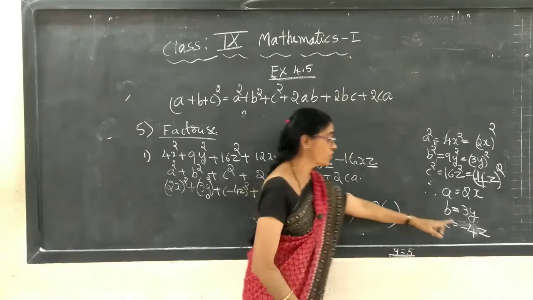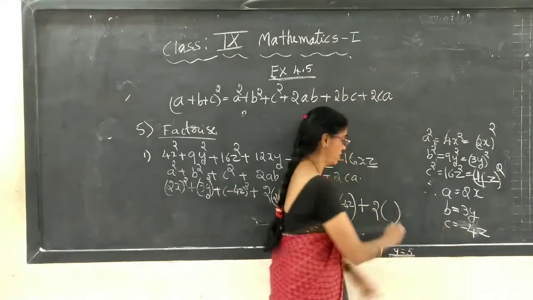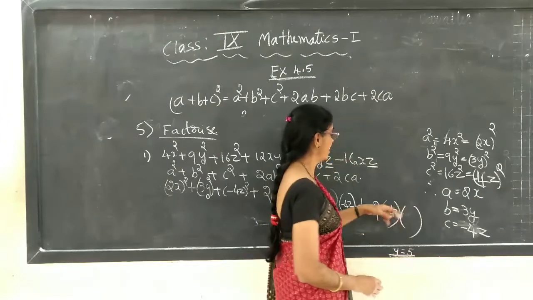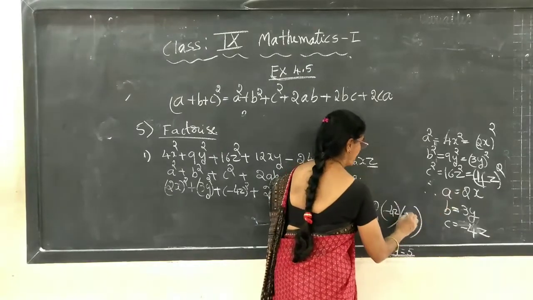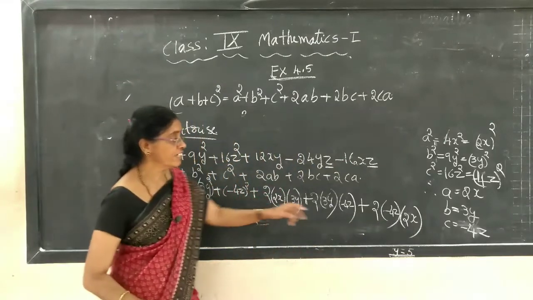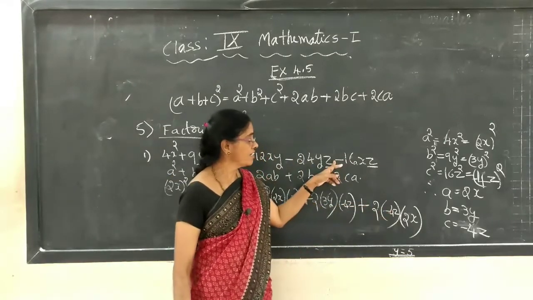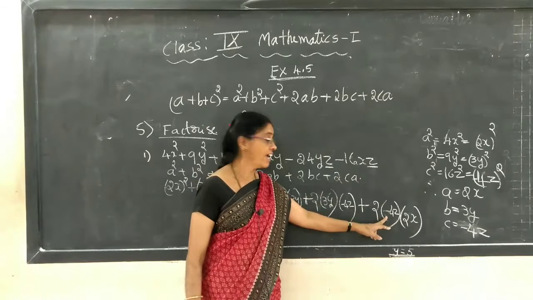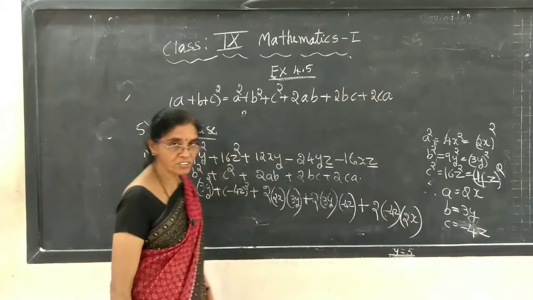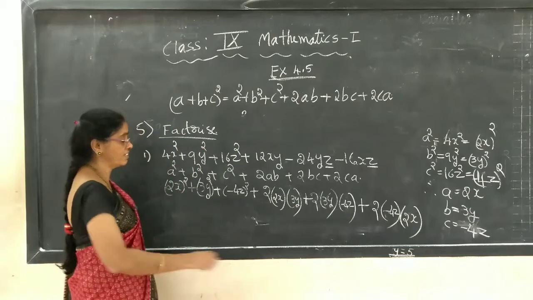What is your c in the question? Minus 4z, into a, which is 2x. Multiply: plus into minus is minus, 2 4s are 8, 8 2s are 16, x into z is xz. Zx, xz, one and the same.